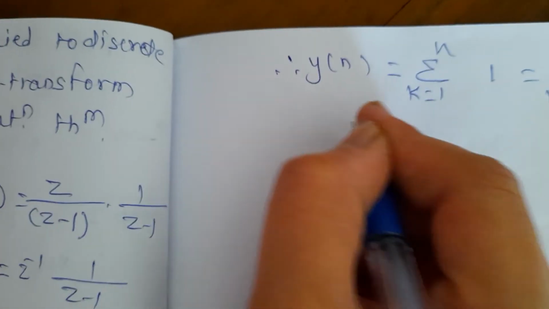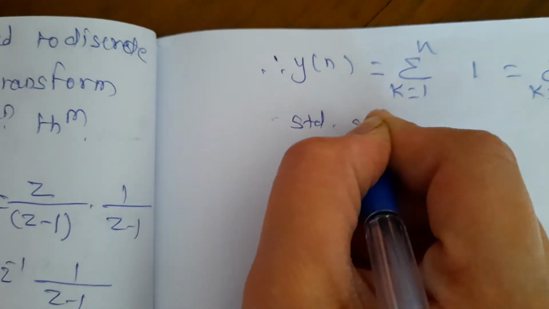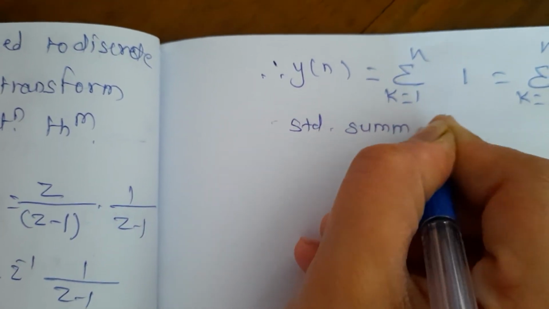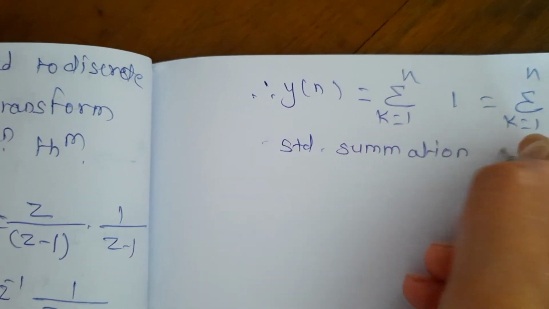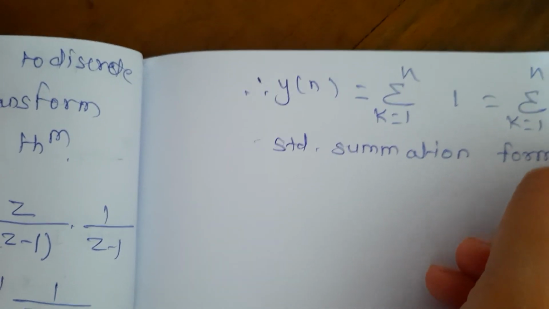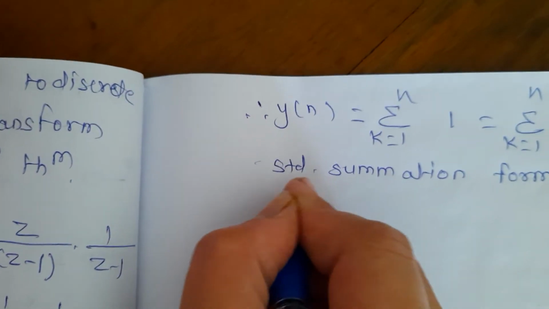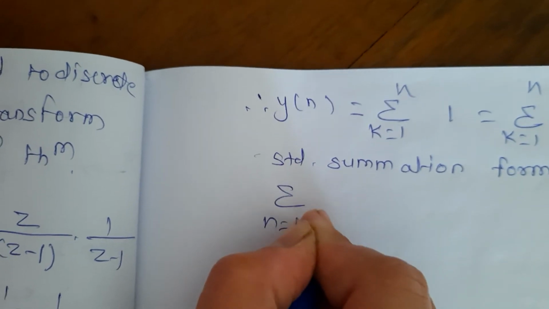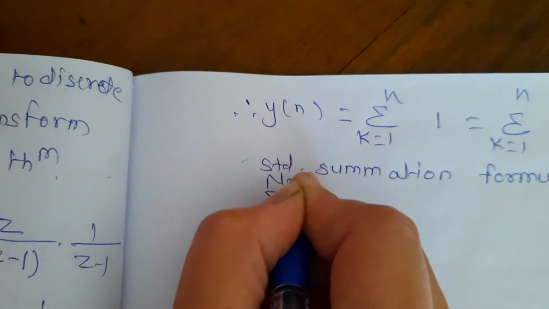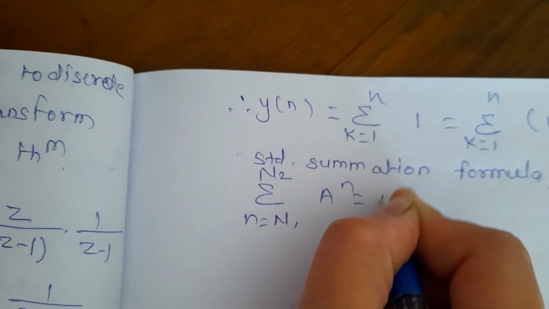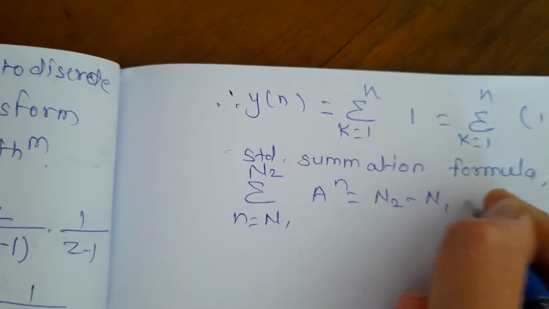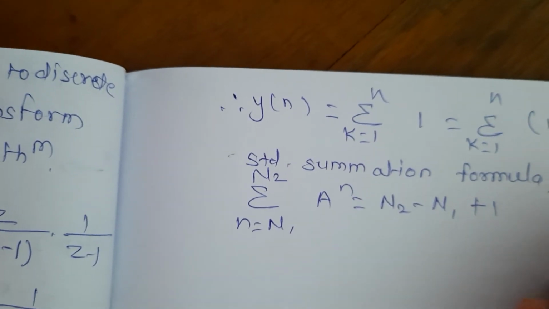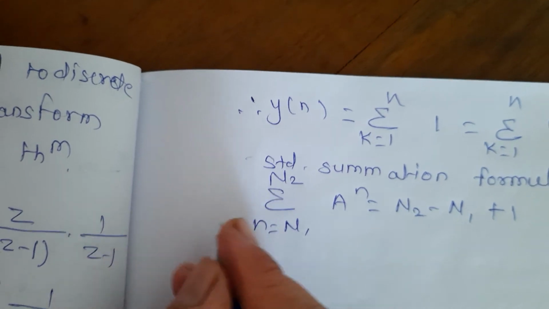We have the standard summation formula, that is summation from n1 to n2 of a raised to n is equal to n2 minus n1 plus 1 if a is equal to 1.